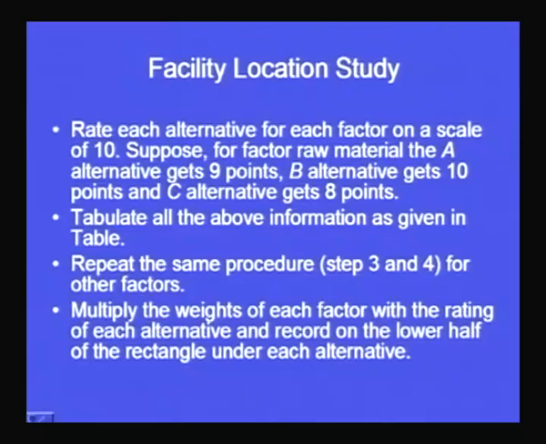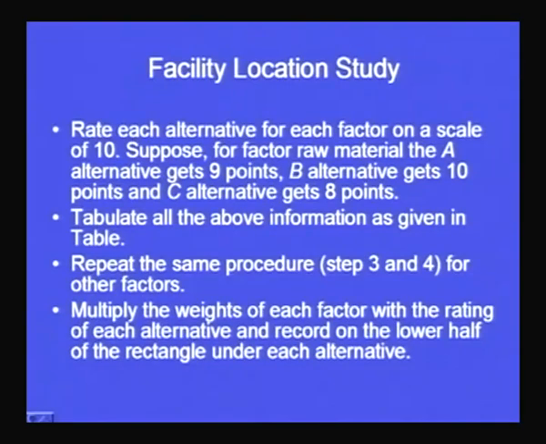Already we have given the relative weightage to each of these factors. Now, we have 3 alternatives, alternative A, alternative B and alternative C, or we can say location A, location B and location C. Now, we will rate each alternative, that is maybe location A, on all these factors on a scale of 10.